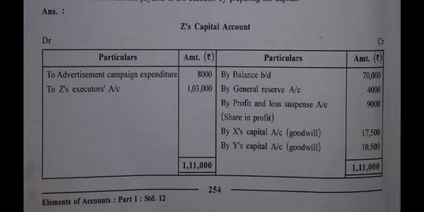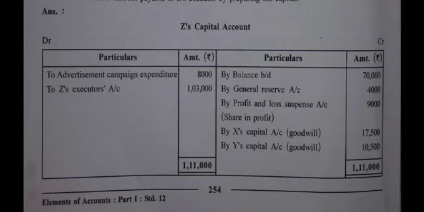So 1,11,000 minus 8,000. Amount of difference is to be transferred to the executor's account. Generally, amount of difference is termed as profit or loss in case of revaluation.